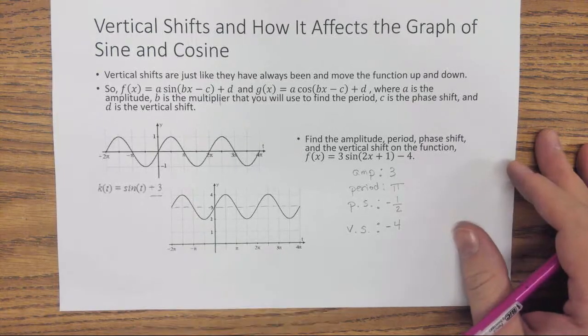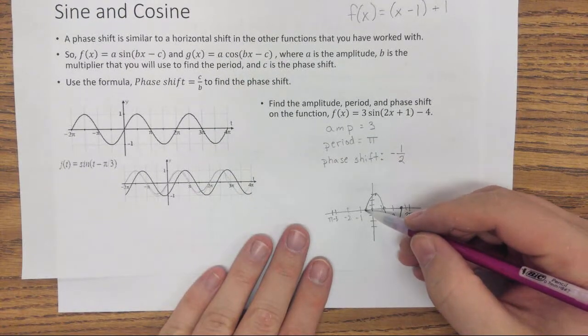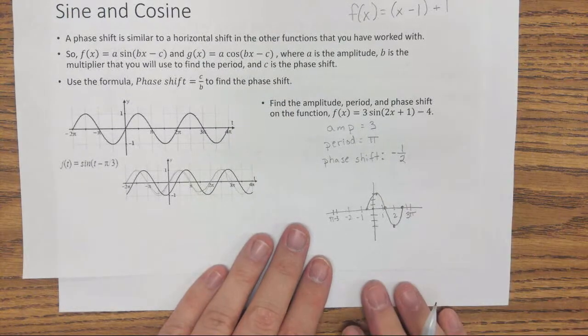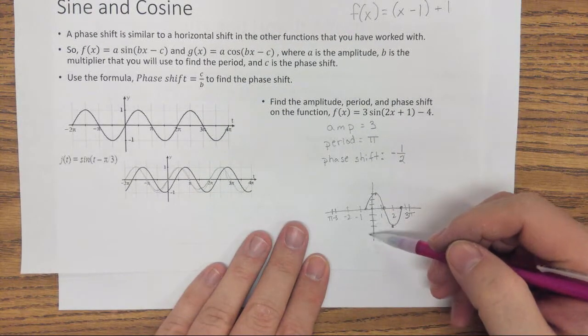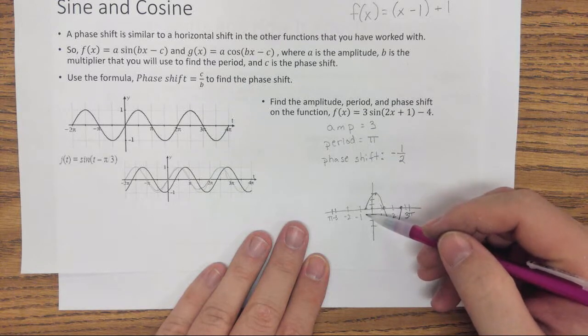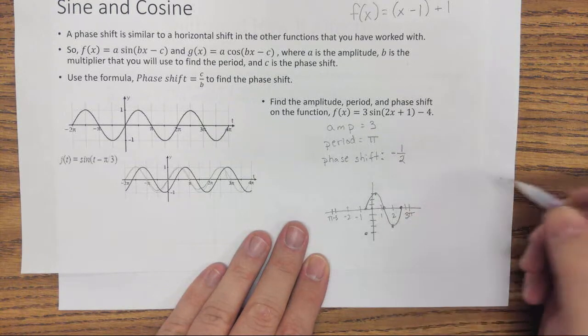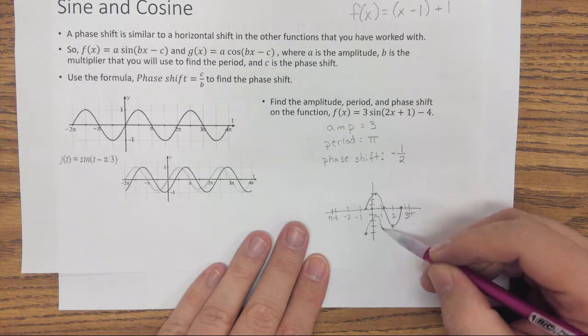So putting all those things together is just like this one here, except all these points are going to be shifted down 4 units. I'm not going to go through and draw that for you. I think you can figure out that we just go 1, 2, 3, 4, and that would be our starting point for that function, and it would look similar.